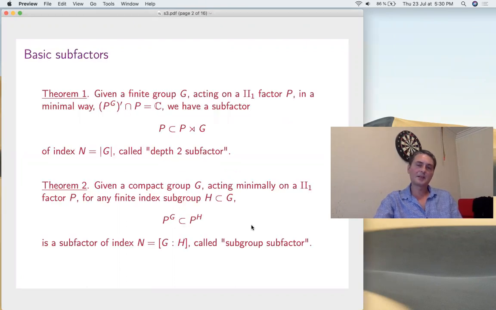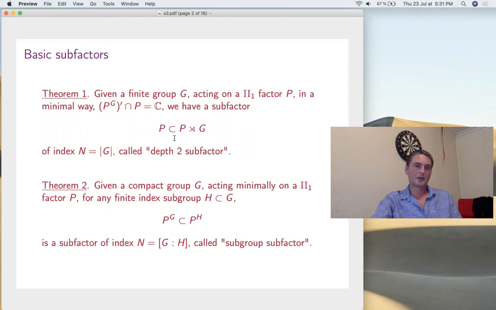So we've seen last time four basic examples of subfactors. First we have the cross products by finite groups. You take a II_1 factor, then you need a finite group G acting on it, and you form the cross product. In order for this cross product to be a factor too, the action must be minimal, in the sense that the commutant of the fixed points must be trivial.